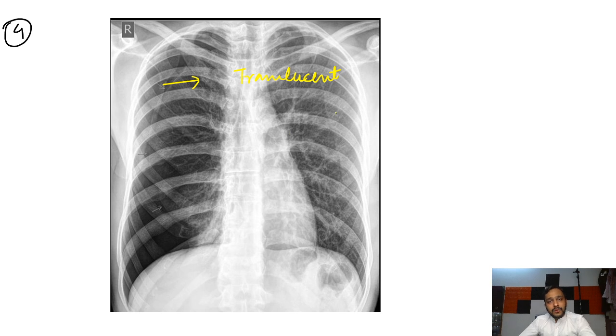So in pneumothorax, you will see a translucent lung field that is devoid of lung markings. And another important sign that you can see in pneumothorax is the deep sulcus sign.